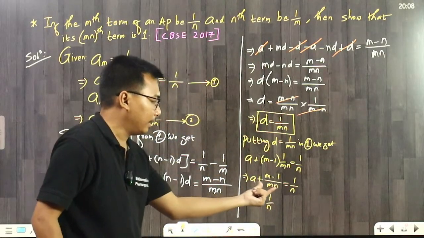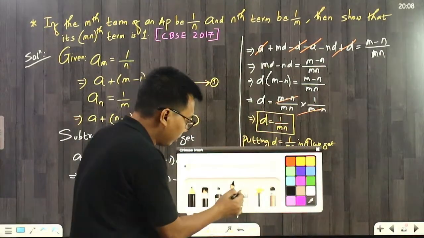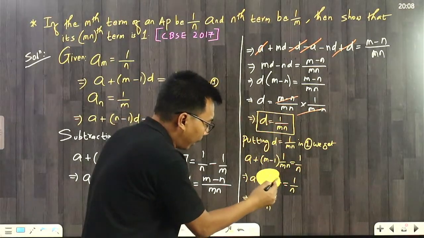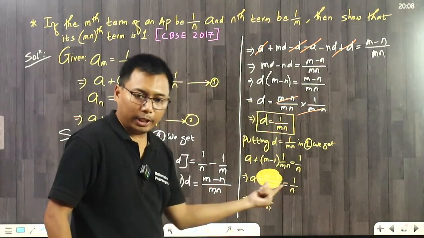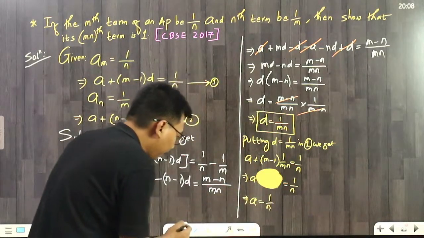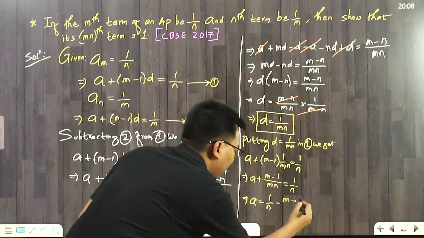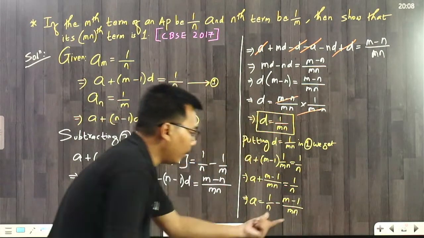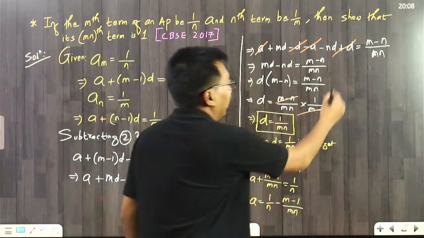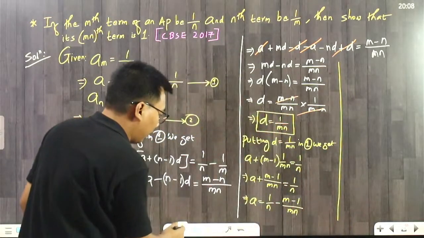minus m minus 1 by mn; this will go towards the right. Now if we take LCM here, how much will we get?